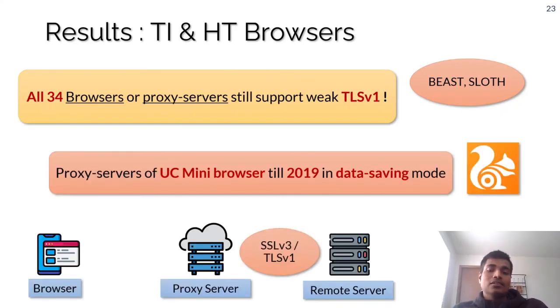Most interestingly, proxy servers of the UC Mini browser only support SSL version 3 and TLS version 1. SSL version 3 was deprecated a few years ago due to severe security issues. On the other hand, by default, the browser-proxy TLS session for this browser uses TLS version 1.2, which is comparatively very strong. So this is actually a perfect example of the false sense of security that I mentioned before.